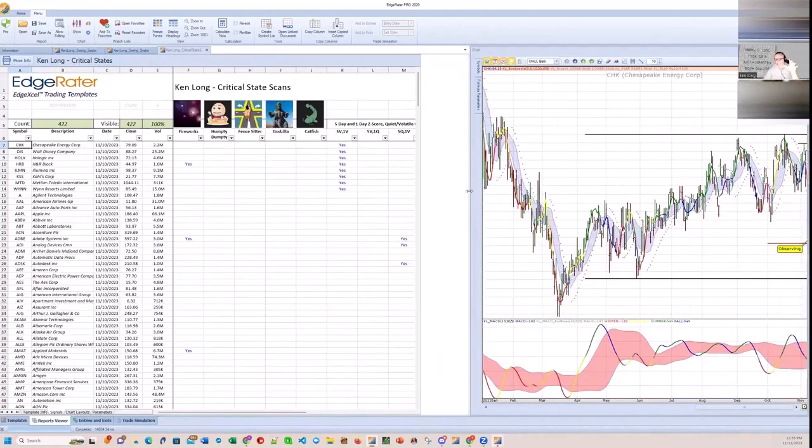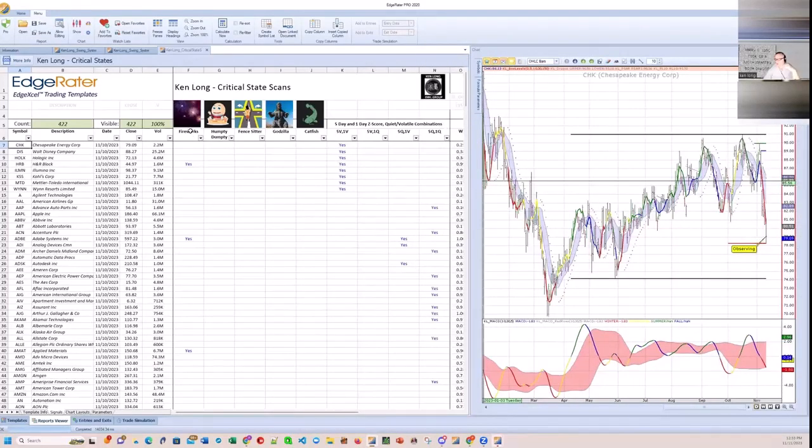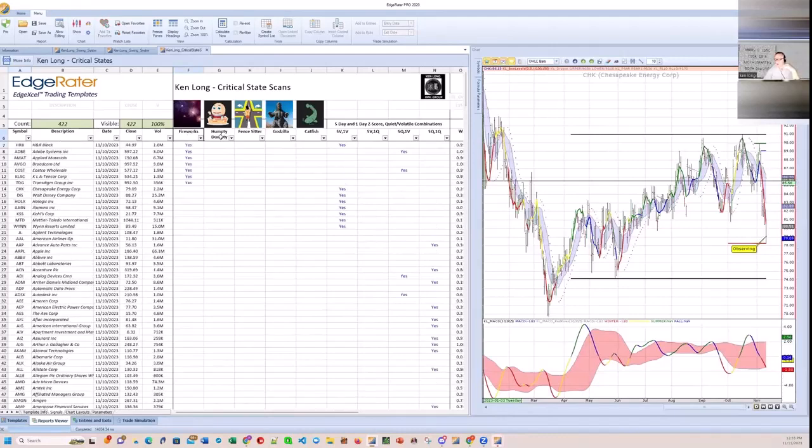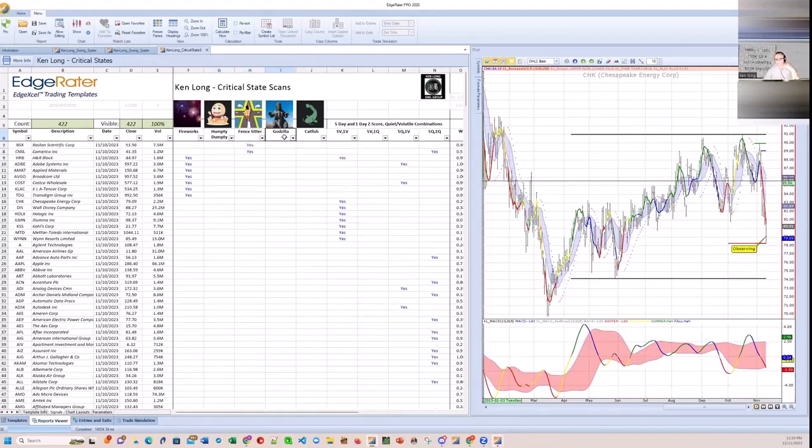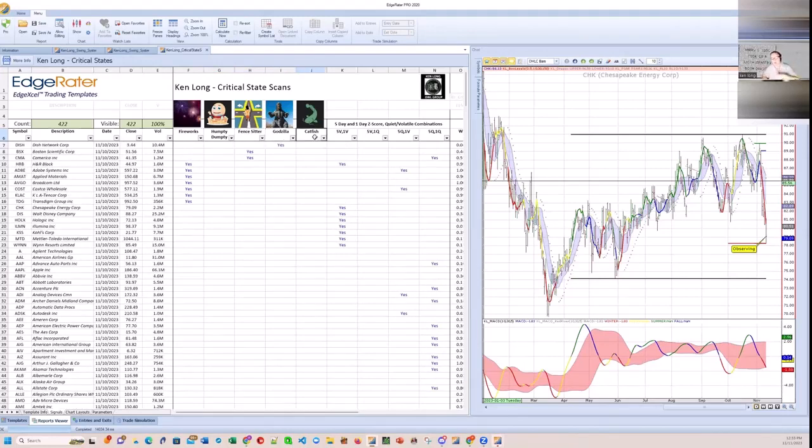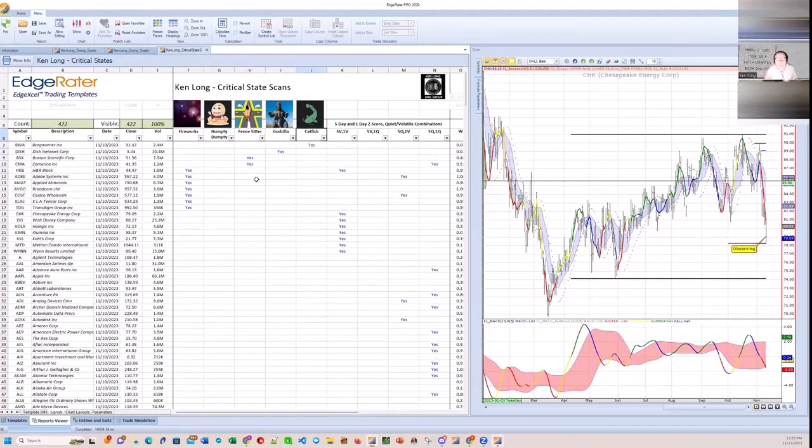The Godzilla, which is the horrible, horrible, horrible, and volatile, or horrible, horrible, horrible, and abnormally quiet. And then it buys breakouts. So it identifies which symbols are fireworks, and then which ones are fence sitters, and so forth.